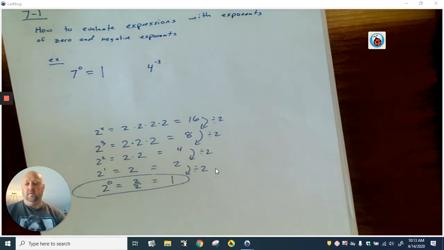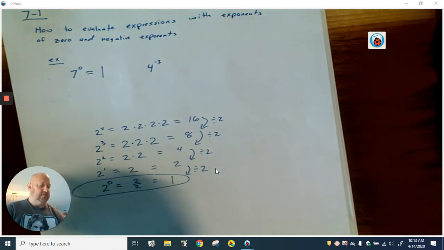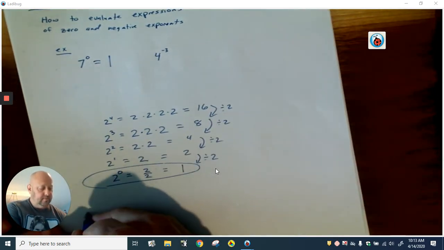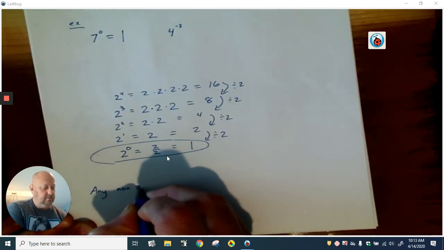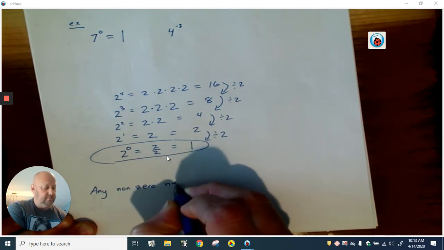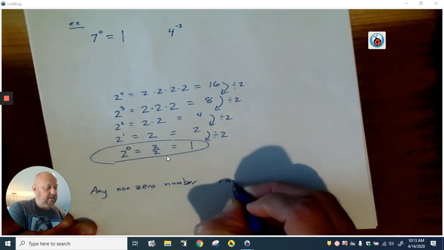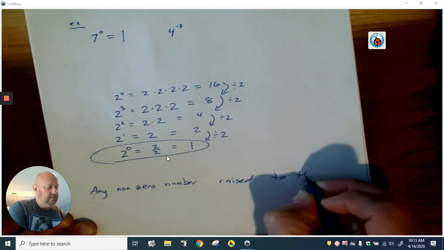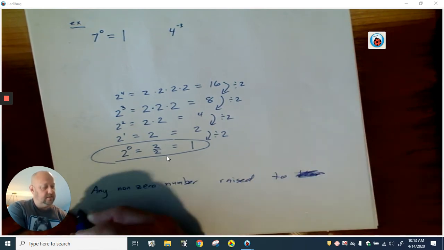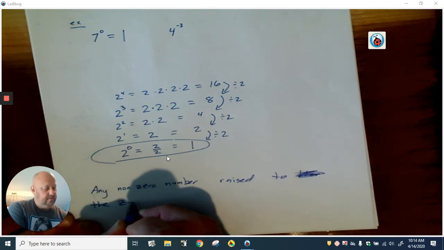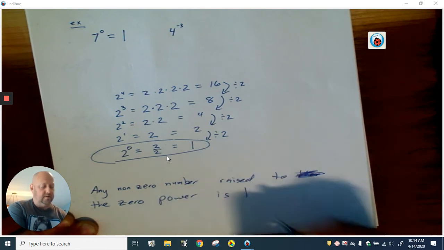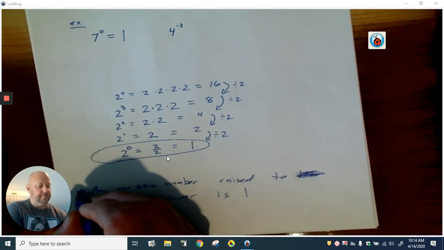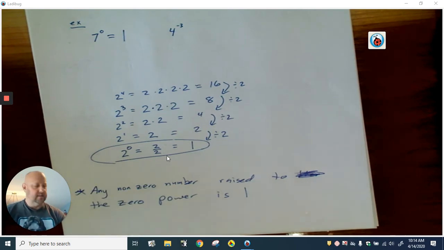And we know that any number divided by itself will always be 1. Okay? So basically we have a rule that says any non-zero number raised to the 0 power is 1.